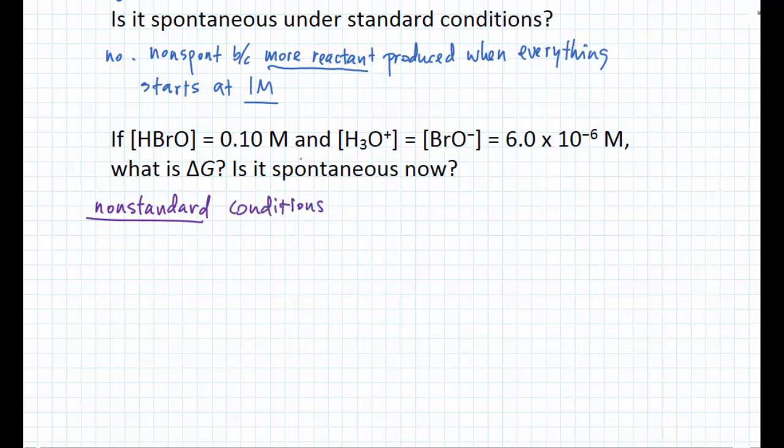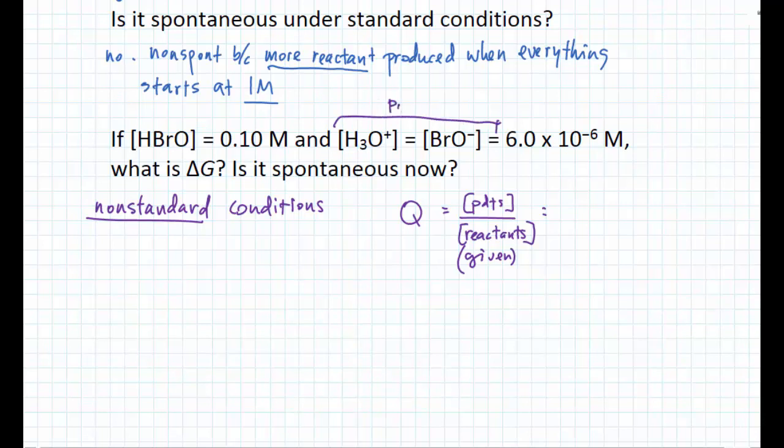Okay, so what we need to do is figure out what Q is. Products, reactants. Let's say given. How about that? So if we look at our equilibrium, these two are our products, right?